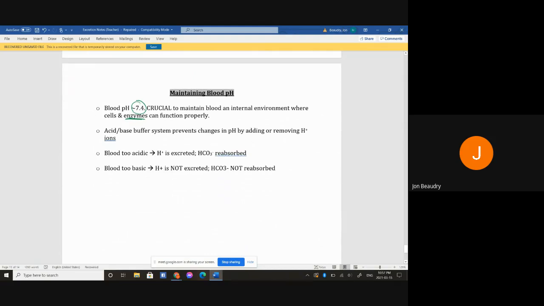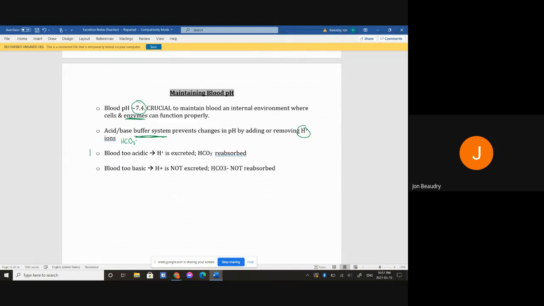And this buffer system is going to resist changes in pH by adding or removing hydrogen ions and also HCO3 negative, which again is bicarbonate.